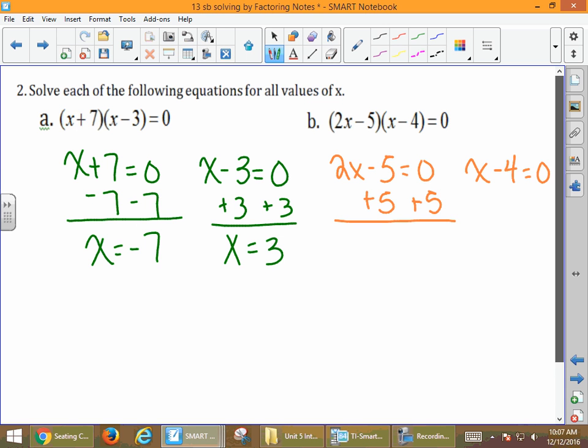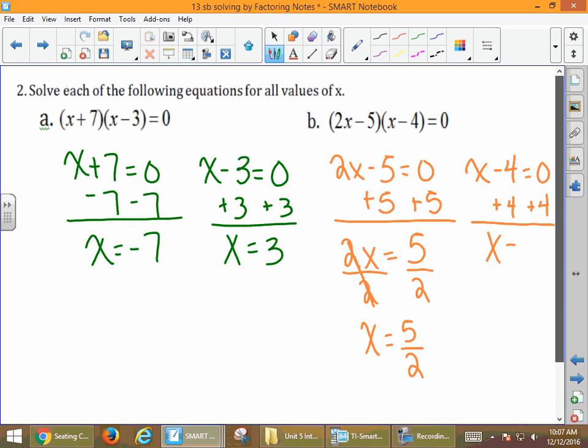So if we add 5 to both sides, we get 2x equals 5. Divide both sides by 2. Over here, for the x minus 4 equals 0, if we add 4 to both sides, we get x equals 4.